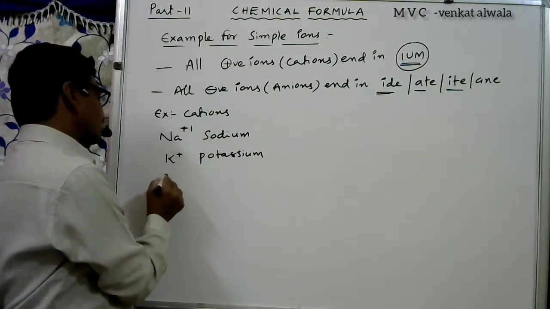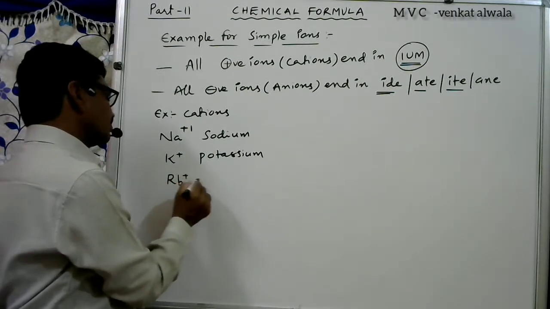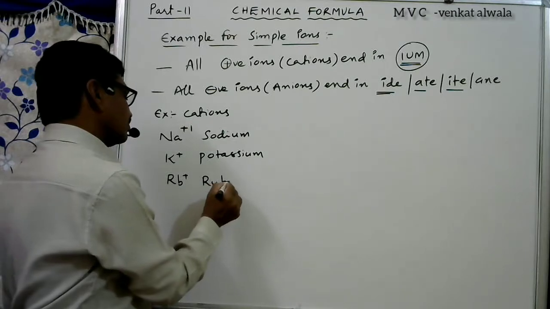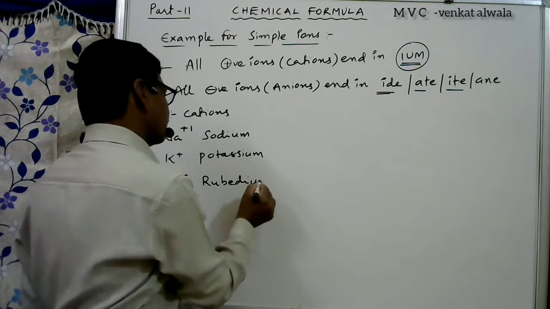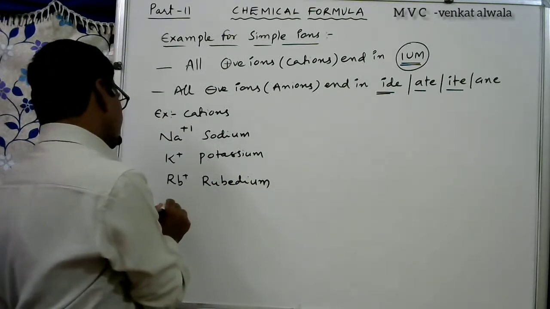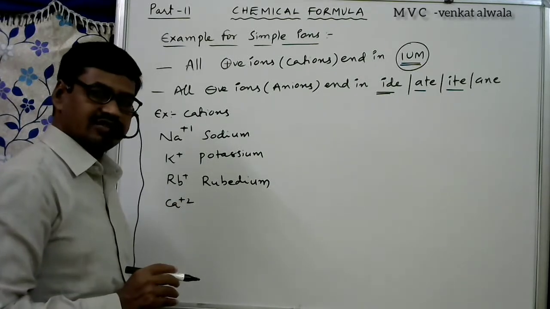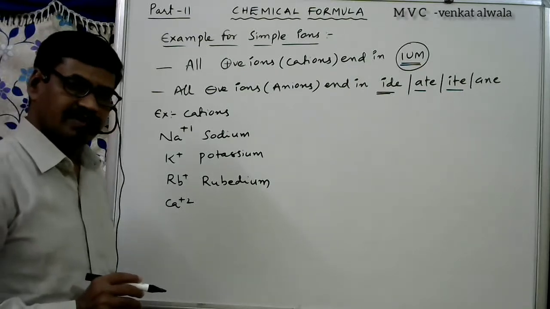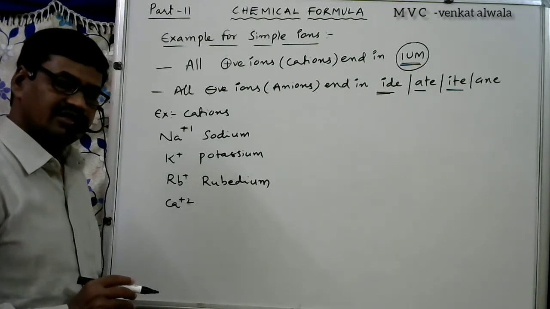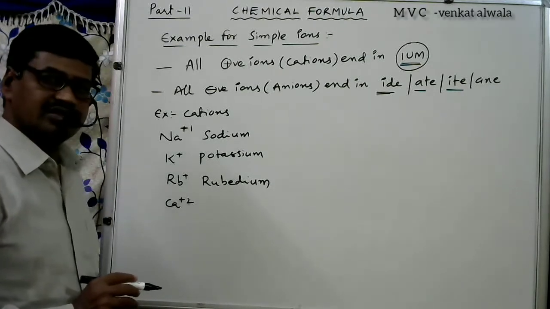Then rubidium, Rb plus. Then Ca plus 2, because the number of electrons in calcium is 20. If we remove 2 electrons, it will get the 18 electron configuration, that is argon.